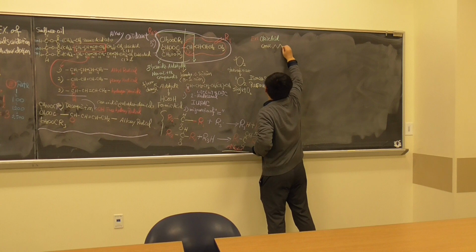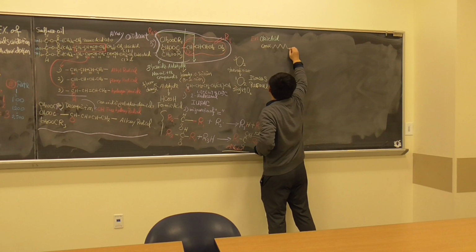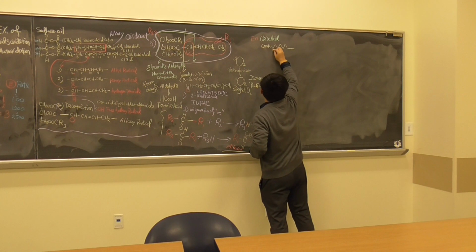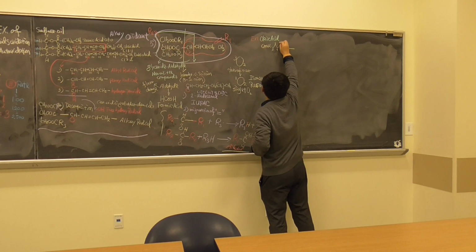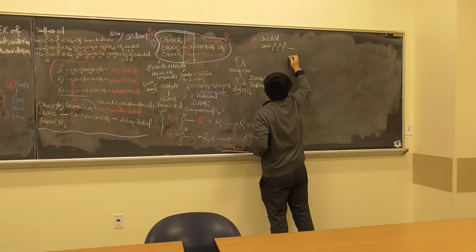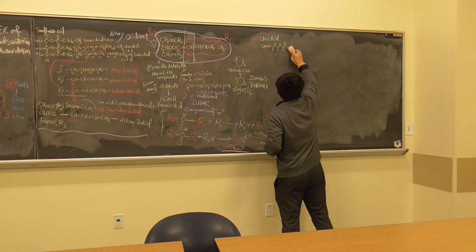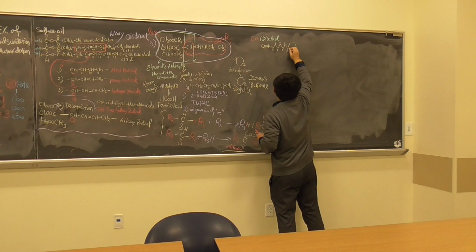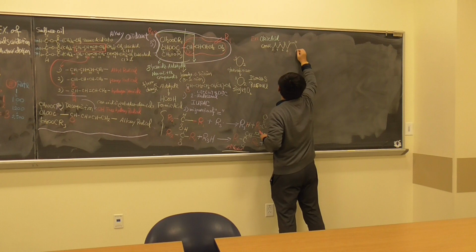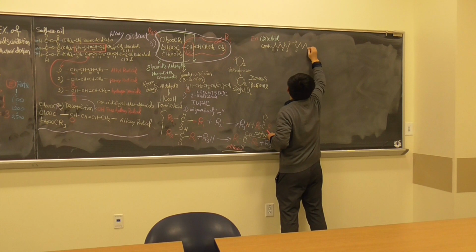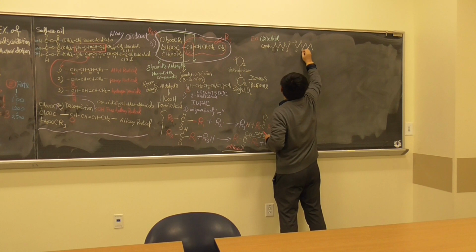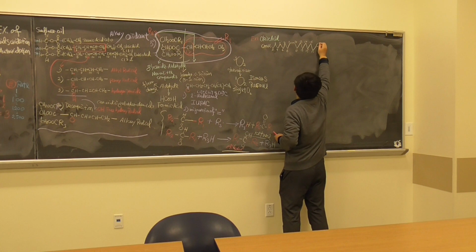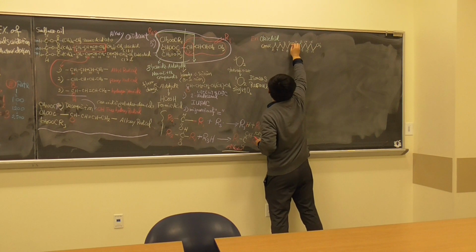Go here, go here, go here. 2, 3, 4, 5, 6, 7. We'll just draw on the top. 8, 9, 10, 11, 12, 13, 14, 15, 16, 17, go here, 18. There's a double bond.